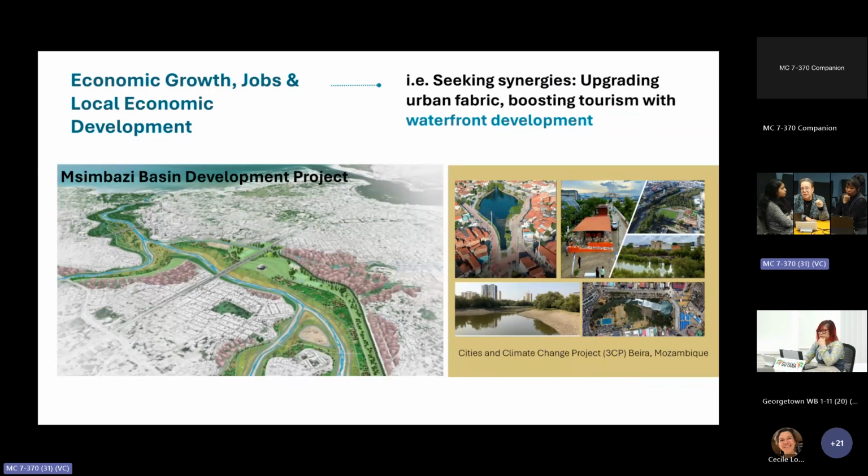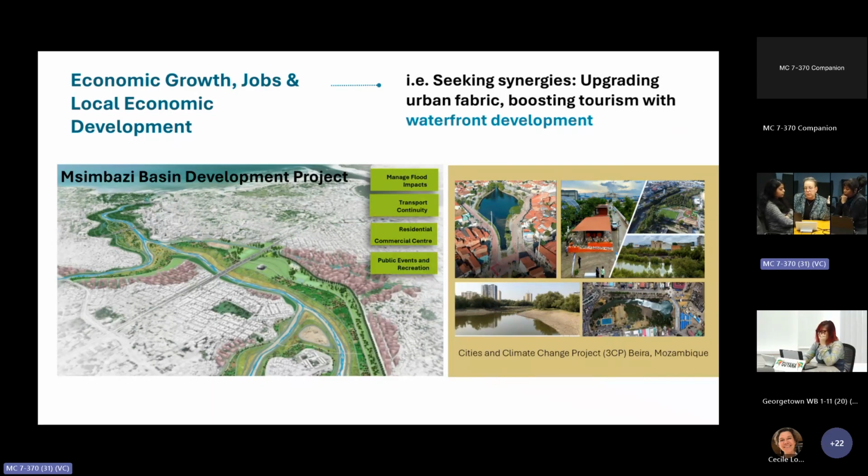So seeking synergies, upgrading urban fabric, understanding the potential, for example, if we are working in riverfronts, waterfronts, how we boost tourism, how we connect this with potential private sector investment and with job generation. It's not only the temporary jobs that we create while we are making the investments or the infrastructure that we're developing, but how this connects with future and more stable and larger scale developments.